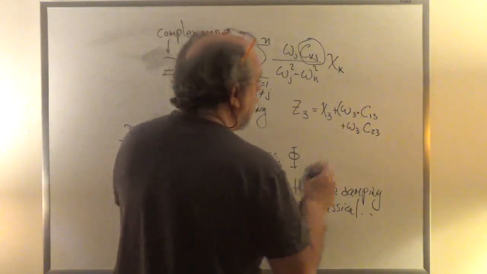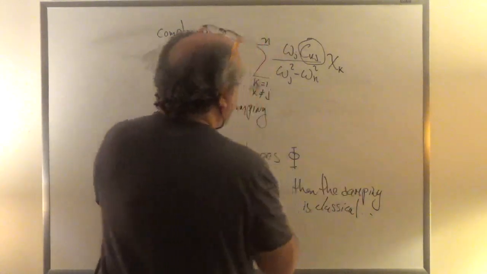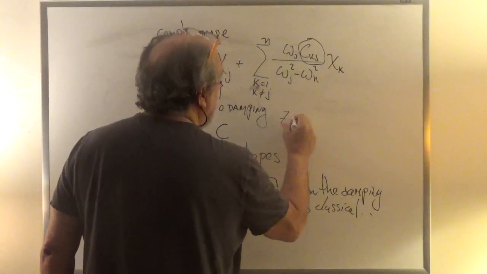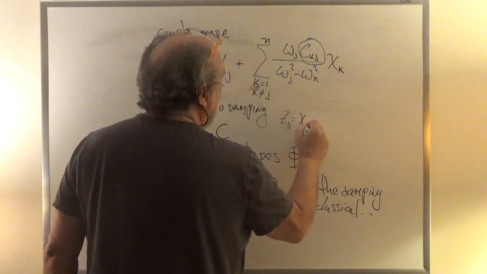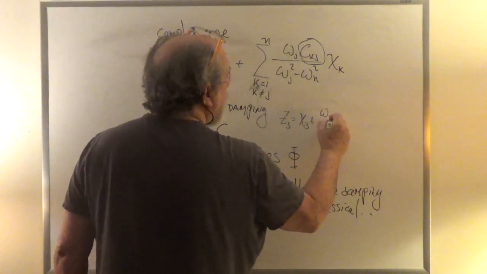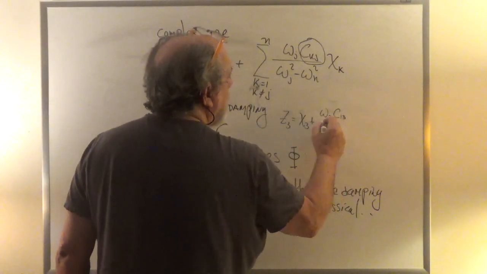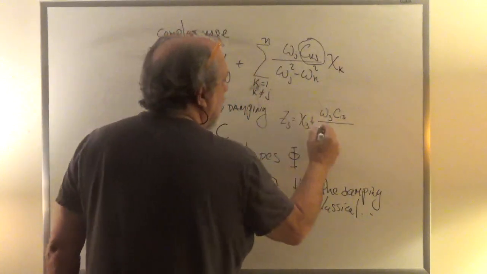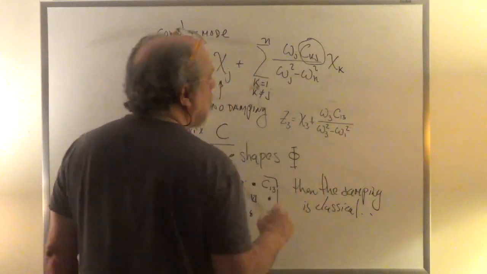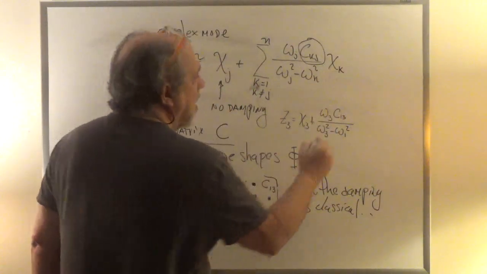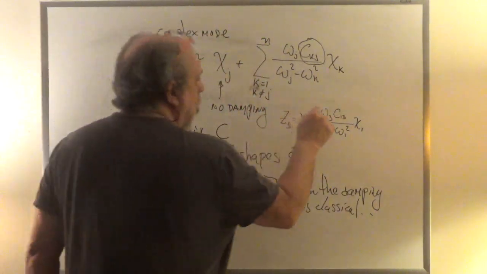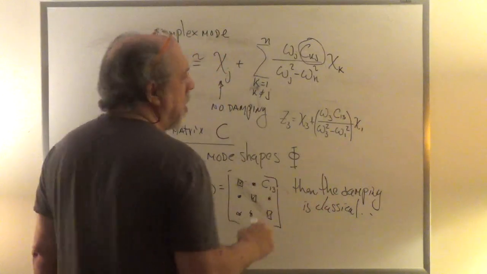wait, no, my error, sorry. Okay, so the third complex mode is equal to x3 plus, the first term here would be omega 3 times C13 divided by omega 3 squared minus omega 1 squared. And this is a coefficient times x1.